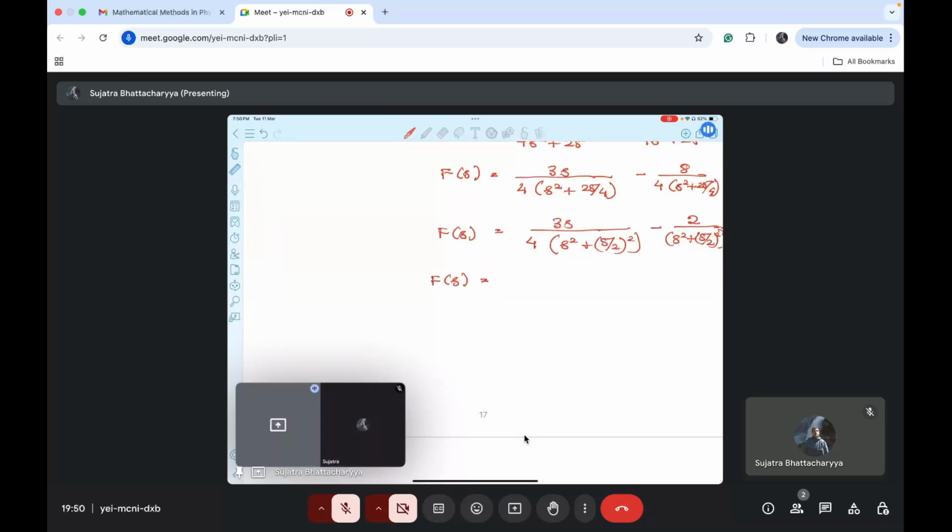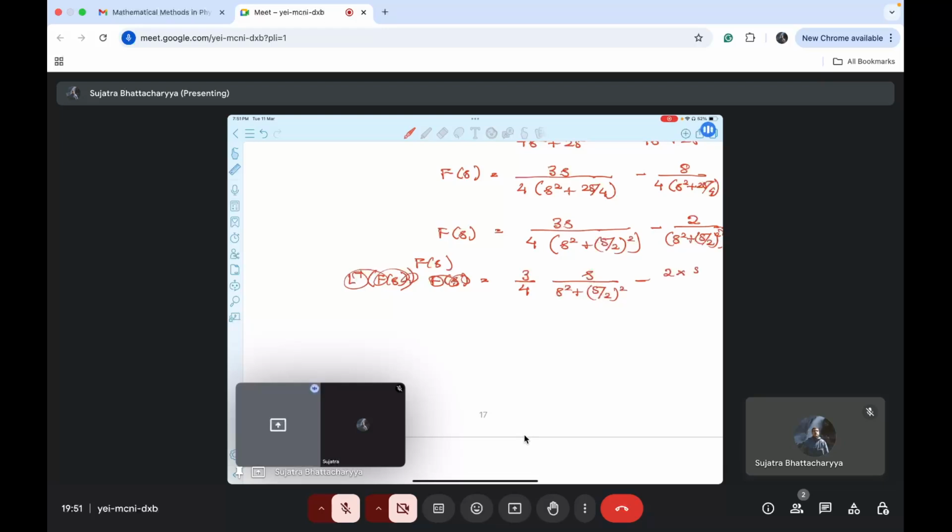So you have a 5 by 2 here, and you have an s here. You don't require any change. So 3 by 4. Now I can write L inverse of this. Can I write this as s upon (s square plus (5 by 2) whole square)? Yes. But here we require it. See, there is a 2.